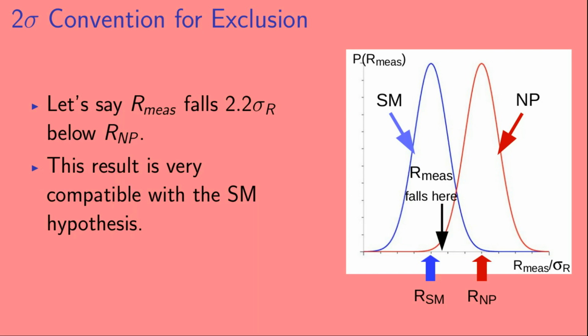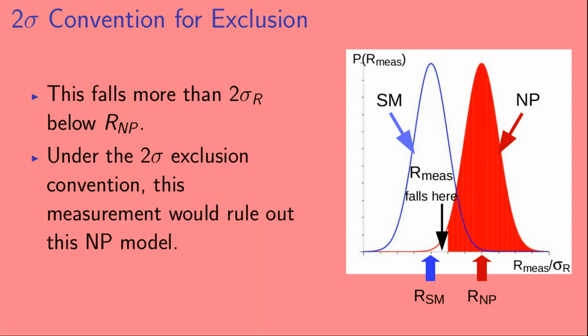This result is very compatible with the standard model hypothesis. Now, this result falls more than 2 sigma R below RNP. Under the 2 sigma exclusion convention, this measurement would rule out this particular new physics model.